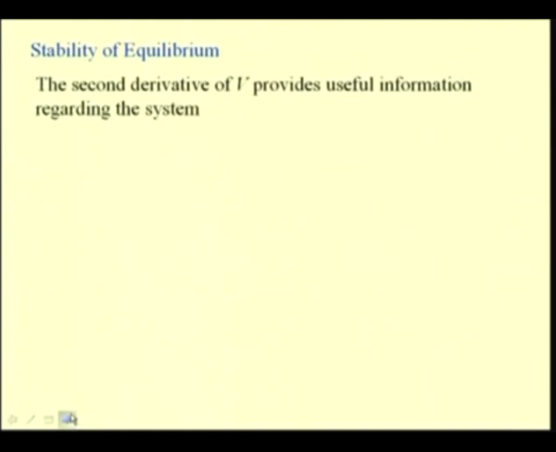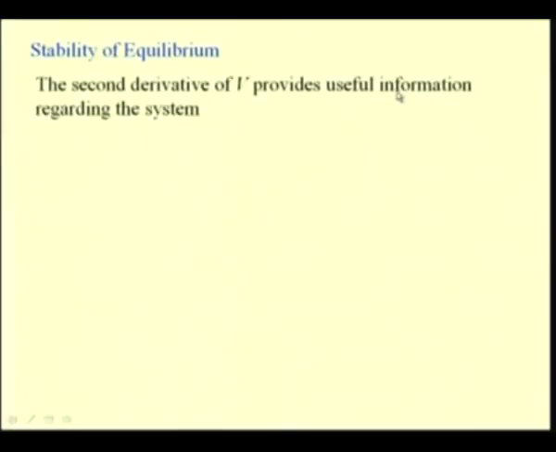If it is a single degree of freedom system having a coordinate theta, then V is a function of theta. The second derivative of this potential energy function provides useful information regarding the stability of the equilibrium.